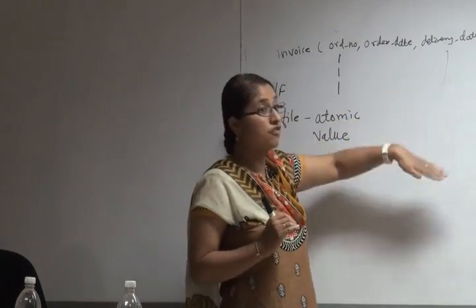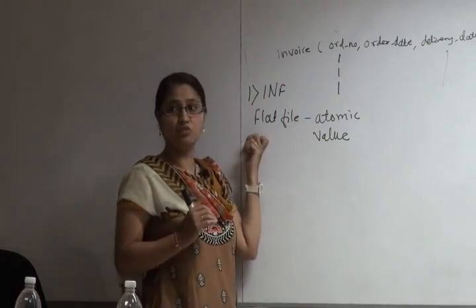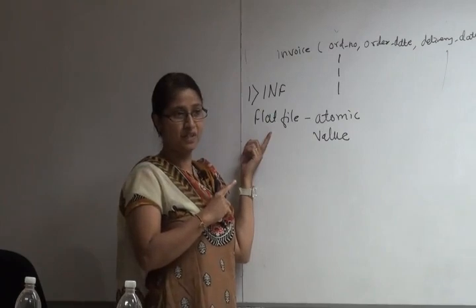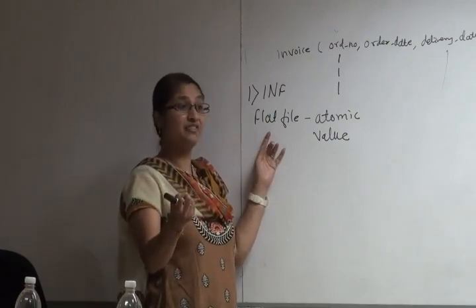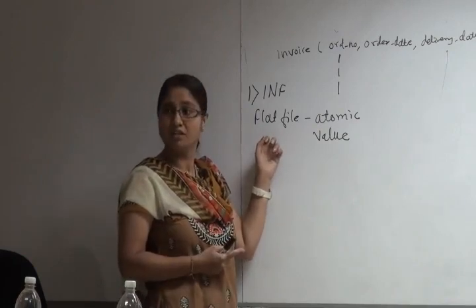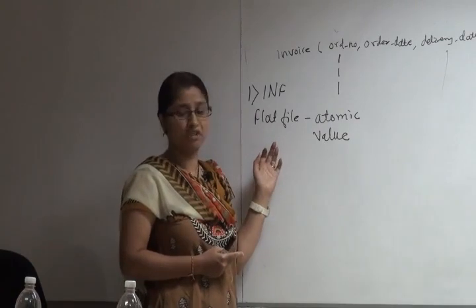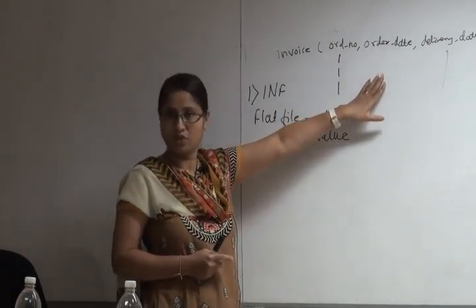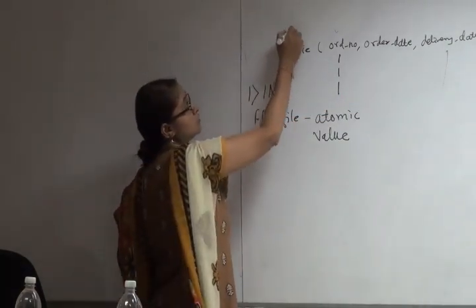This type of file structure is called a flat file. This is what you will achieve with a C structure. If you are creating a C structure and a .dat file, that file will be a flat file. Or if you are using COBOL or BASIC languages, that will be a flat file structure. So this is the first normal form for us.